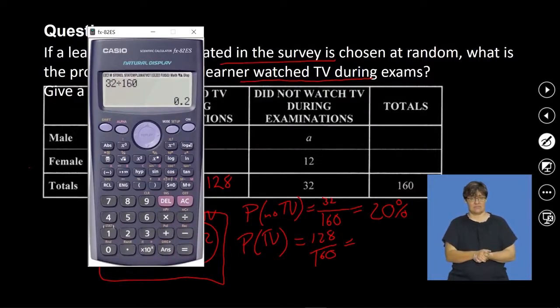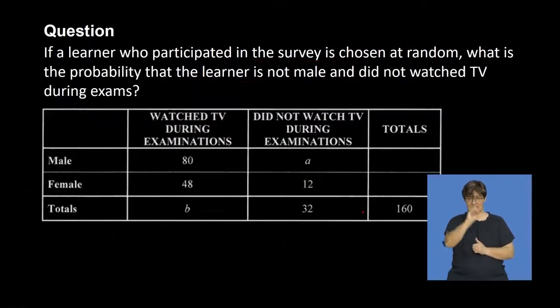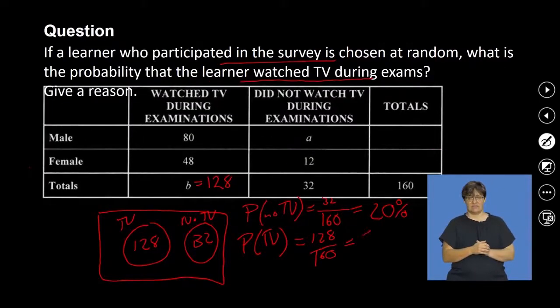Again, if we use the calculator, 128 divided by 160 equals 4/5, 80%, and we'll write it down there, 80%.